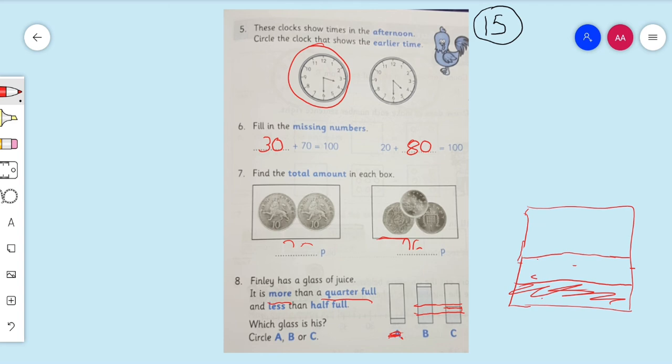So we know the answer is C. It can't be A because it's less than a quarter full, but it said we need more. It can't be this B either because it says less than a half full, but this is more than a half. And C is more than a quarter, and less than a half, which means the answer is C.